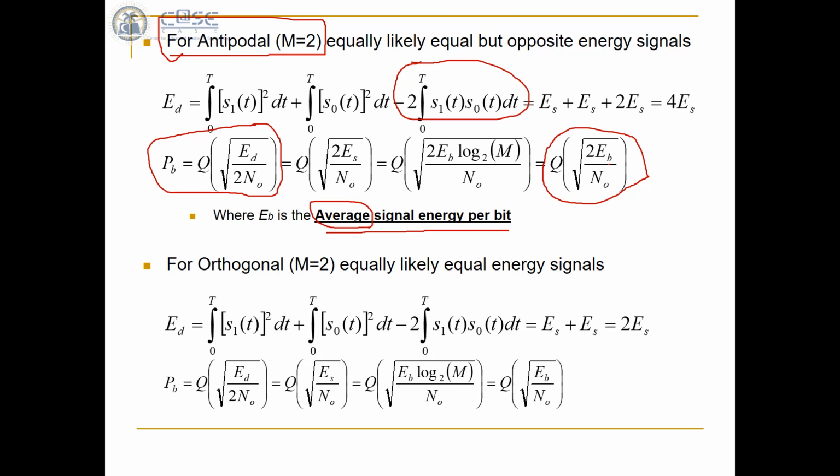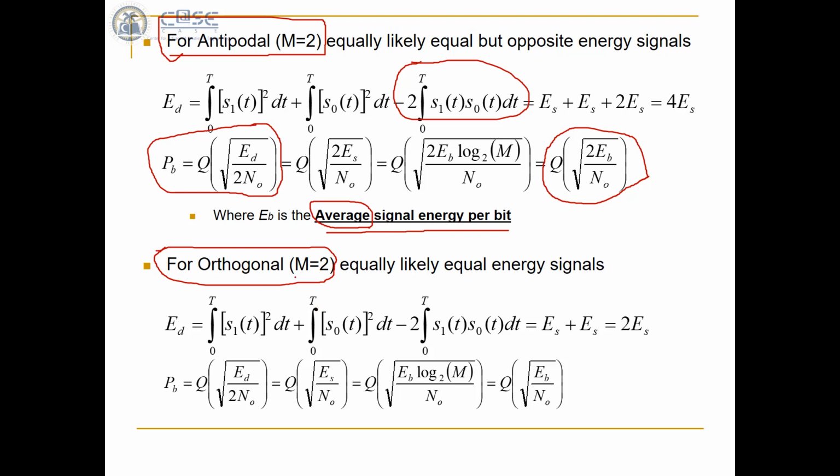So the same we obtain for the orthogonal signal class, in which again we have two signals, capital M is equivalent to 2, and we assume the two signals are equally likely and of equal energy. So let's see how ED reduces itself when we assume that we have two orthogonal signals at hand.